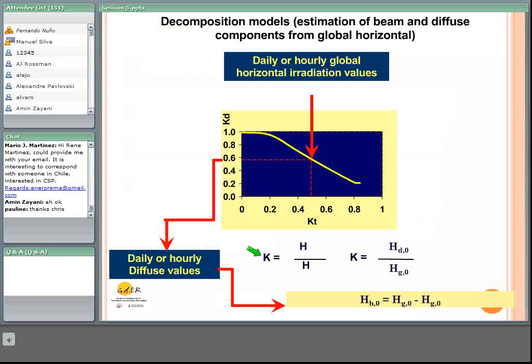As I said, these models are widely used, and the main problem with these models is that they use only one variable, which is the clearness index, to explain the different atmospheric conditions. It's a strong simplification, but the results on average are good if the models are properly adjusted for the region where you are using them.